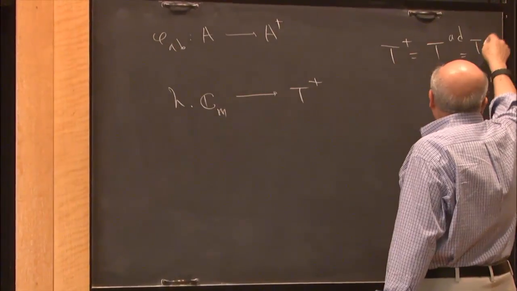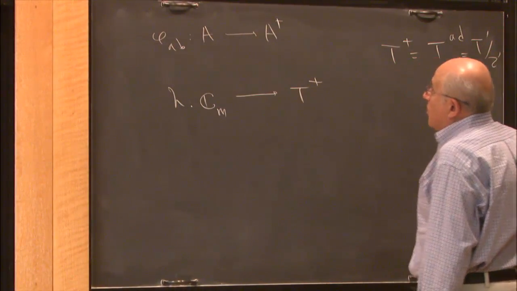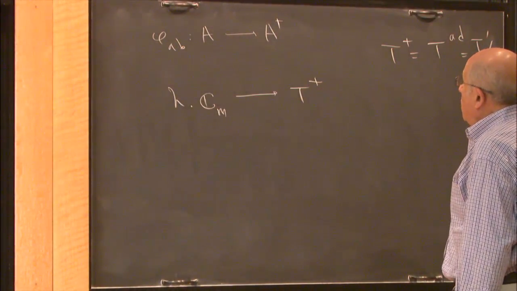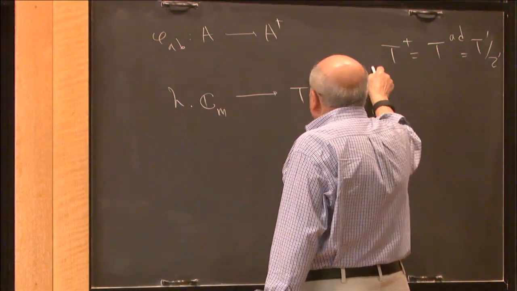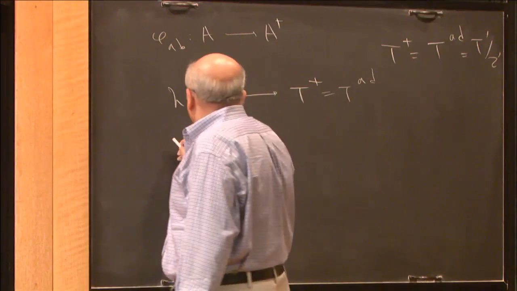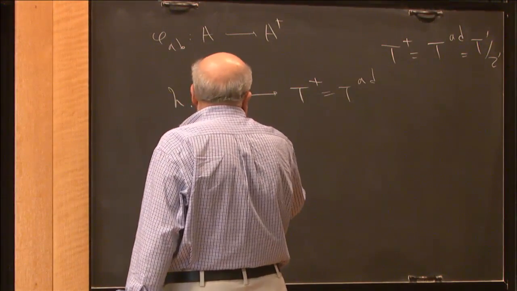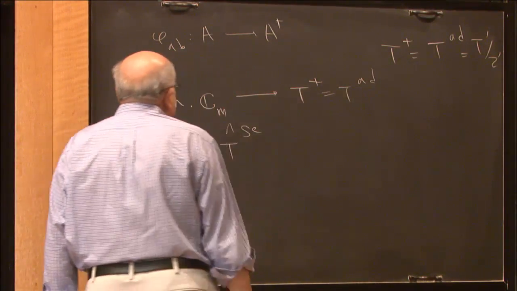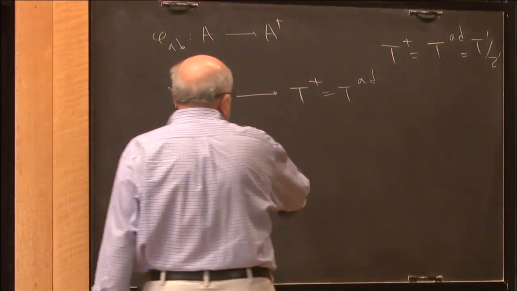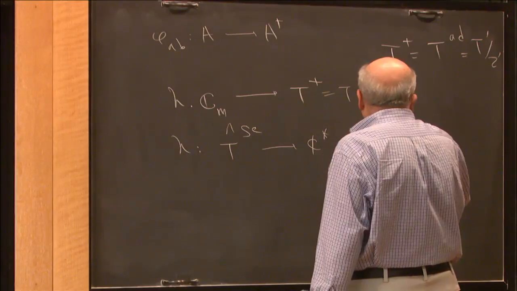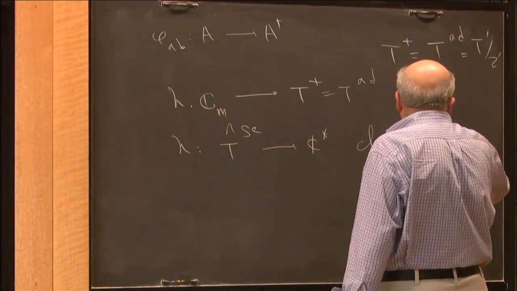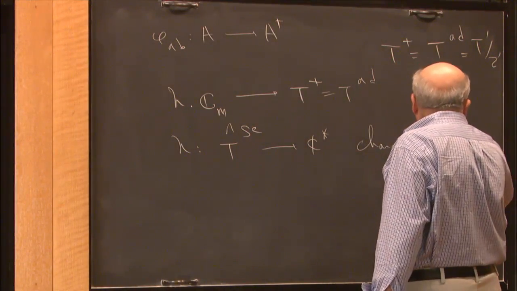It is nothing but T prime divided by Z prime. So this is a co-root of T plus, which is T ad. And out of this, I'll get of course a map from T check simply connected to C star. So this is a character of this T check simply connected.